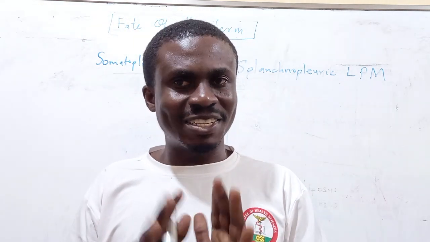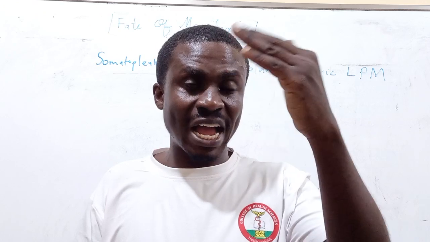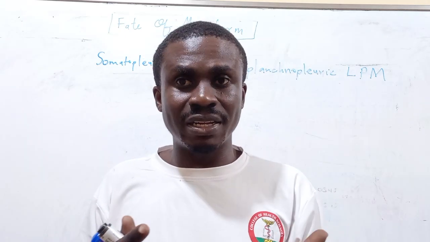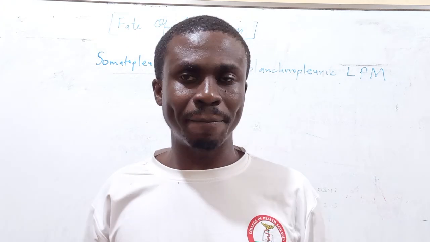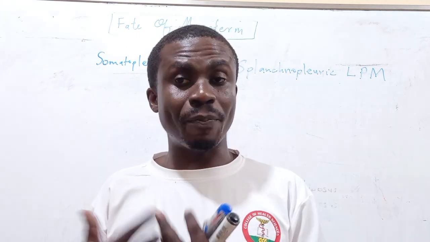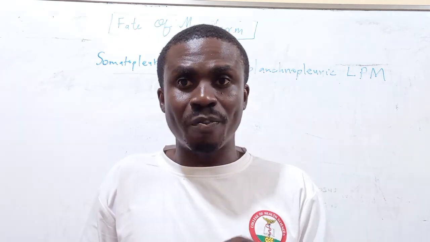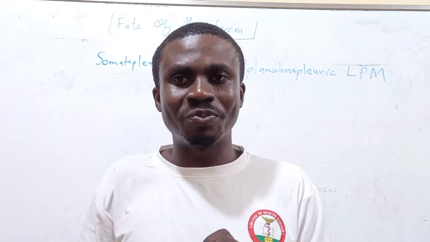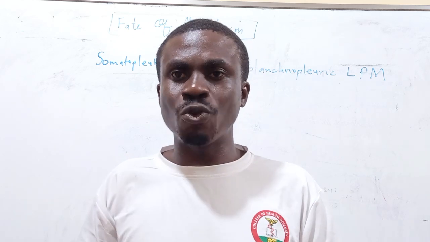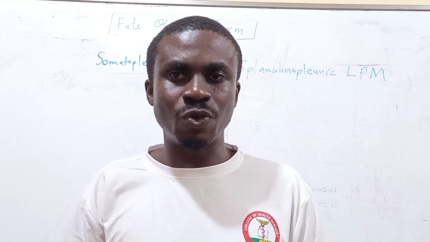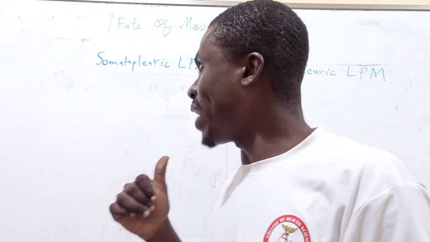The serous membrane is differentiated into two, so that we have the visceral layer and the parietal layer. The same way, the pericardial cavity is bounded by the visceral pericardium and the parietal pericardium. And if you take the peritoneal cavity, we have parietal and visceral peritoneal layers. So exactly that is what is going to happen here.